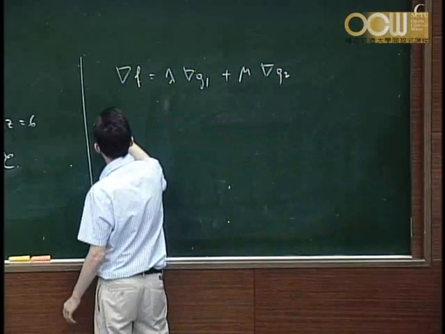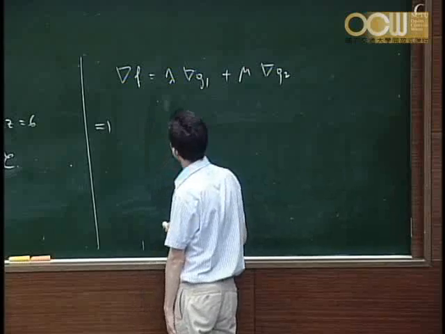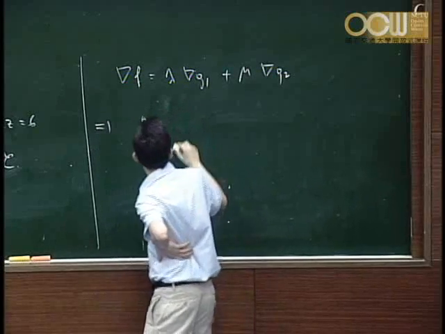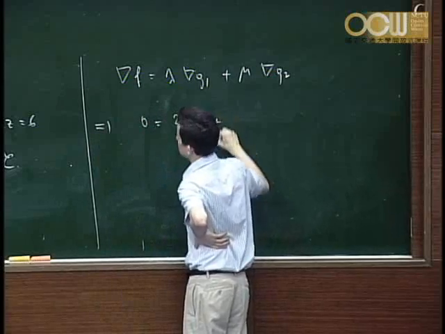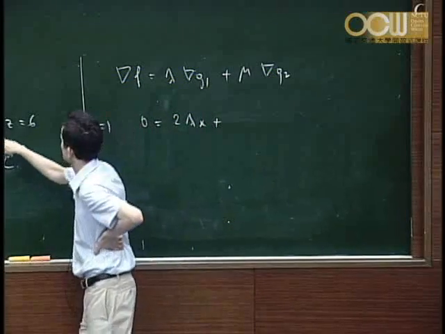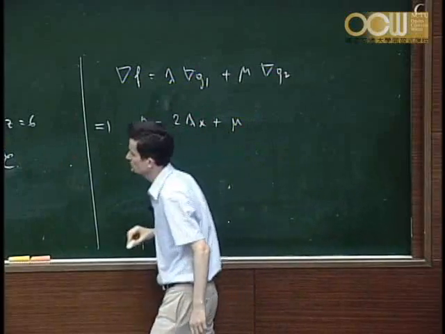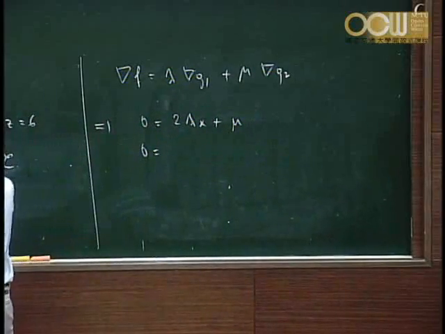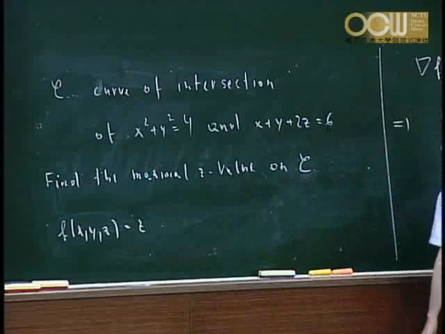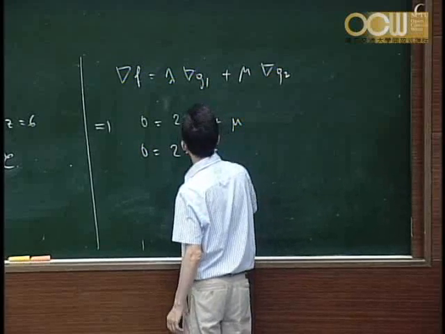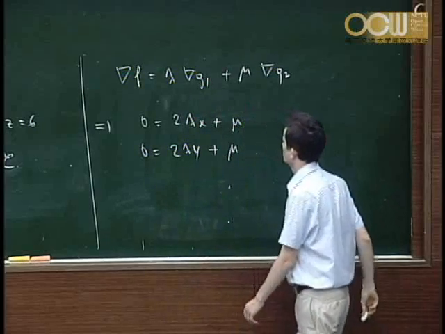Okay, so this gives you a set of equations. So the first one is 0 is equal to, with respect to x, 2 lambda x plus, and here also with respect to x, which gives 1, so mu. Then we have 0 is equal to, this is the second one, 2 lambda y plus, and here we have again the same equation.